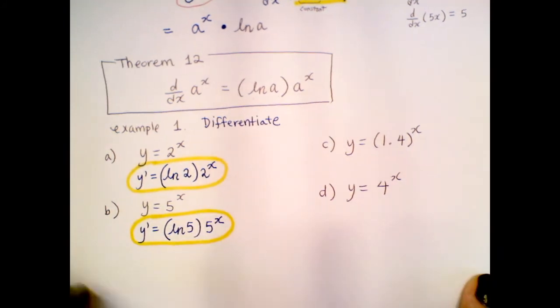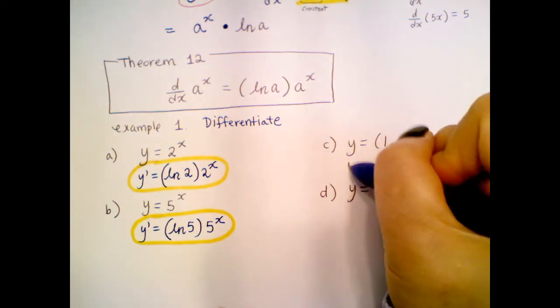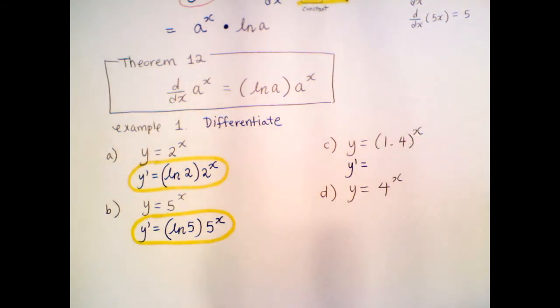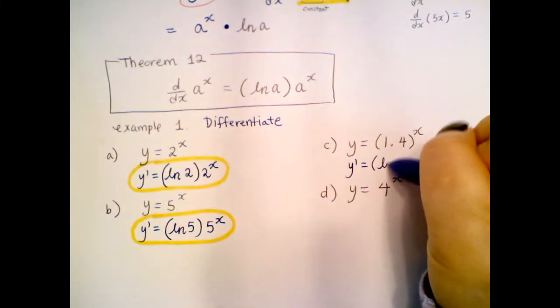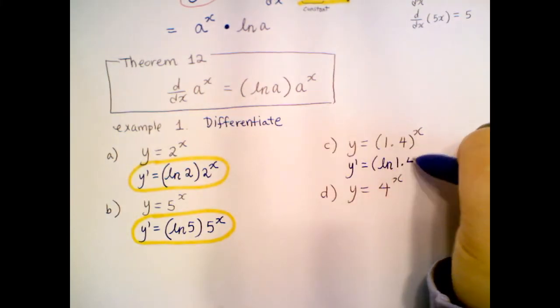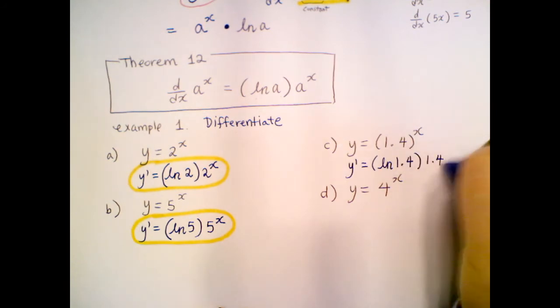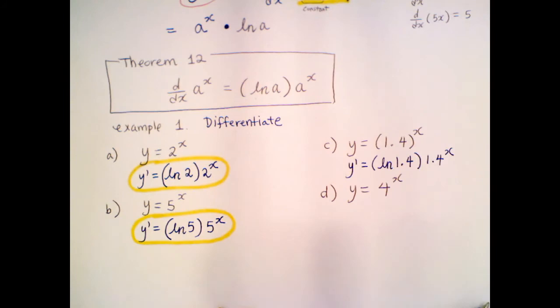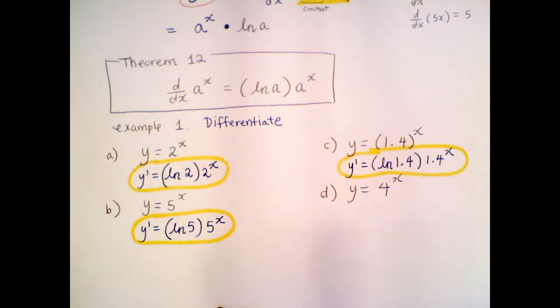Two more. I think you got this, right? y prime for this is equal to, write down the natural log of the base first, ln 1.4 times, copy this down, 1.4 to the x power. And that's it. Let's do the last one.